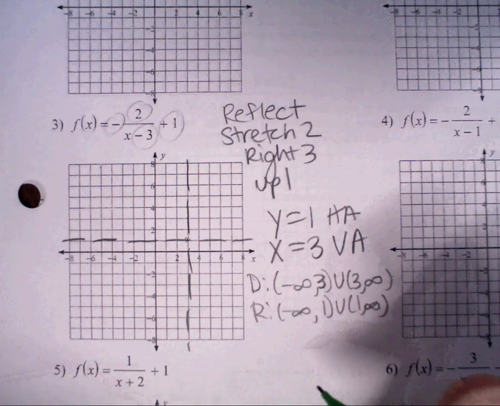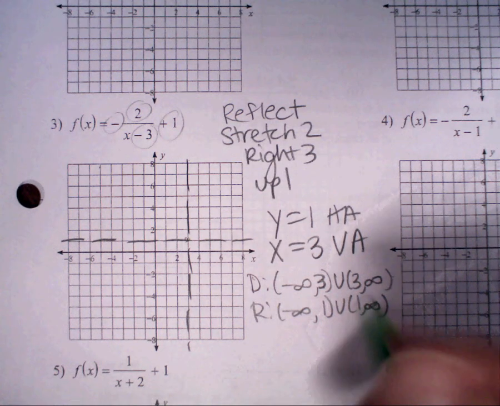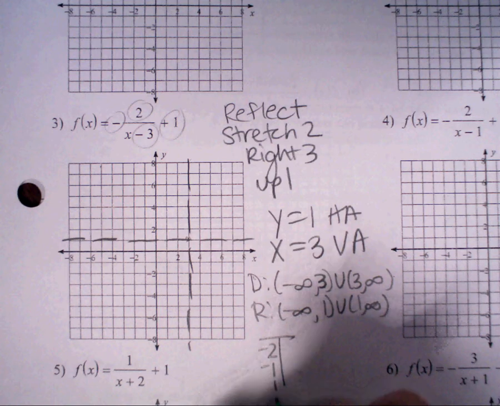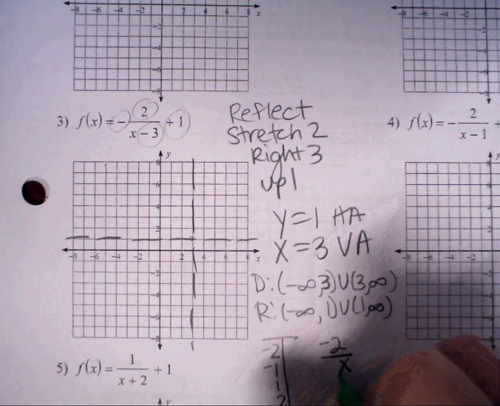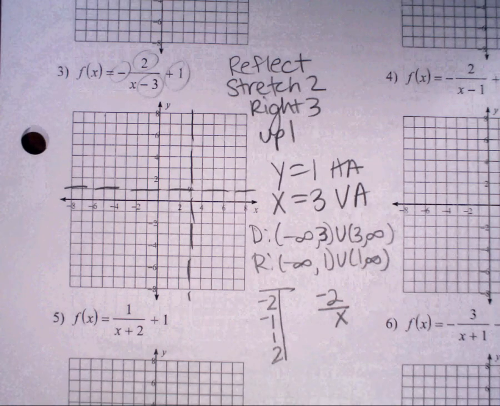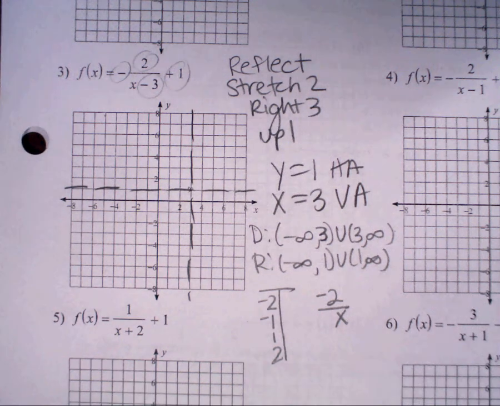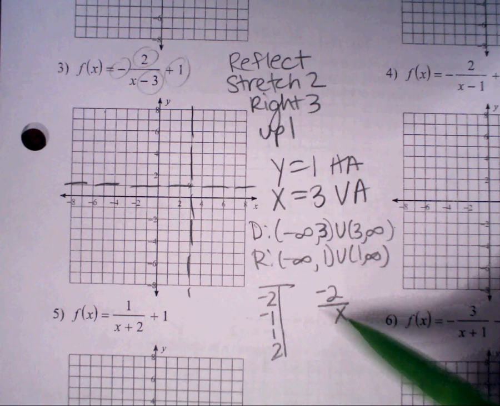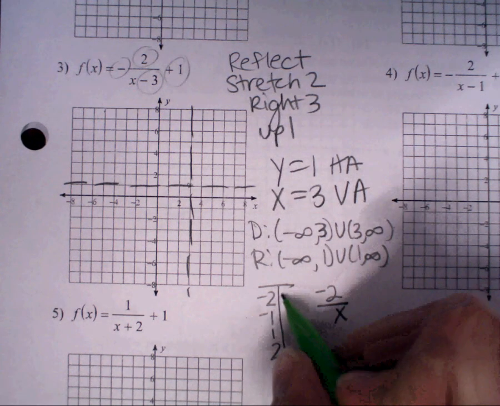Don't worry about x-intercepts on these transformation graphs. We're going to use the table, negative 2, negative 1, 1, and 2. And so the equation we're going to use is the a over x. Make sure you take the negative with the a. And so I'm going to fill in this table with this is called the parent of this graph. So the parent of this graph is the a with a reflection over x. So I start plugging in these 4 numbers. It's always these 4 numbers.